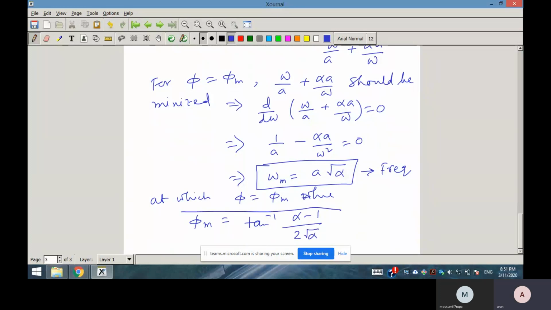So this is the maximum phase lead that can be provided by the lead controller.